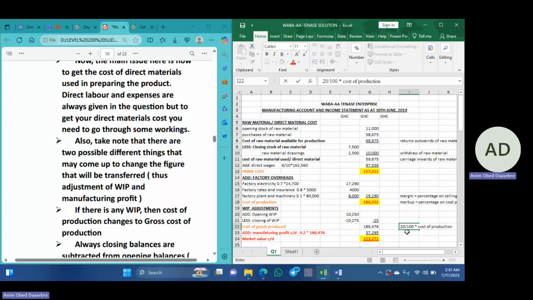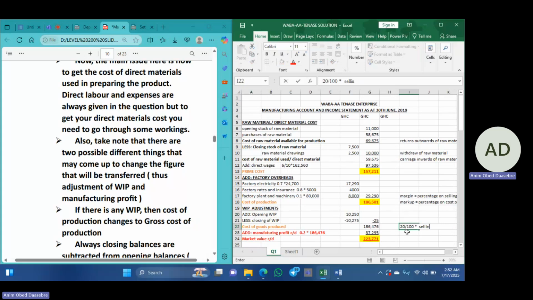But there are some instances where the question will give you a margin. When the question gives you a 20% margin, what you need to do is find that 20% on the selling price, not on the cost of production.